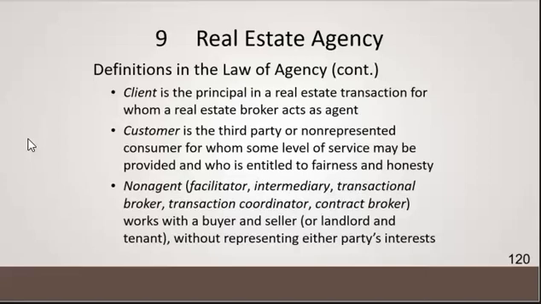All right? So think of a transactional agent or a non-agent as having 2 customers. Most of your deals, you got a client on one side, customer on the other. In a transactional, you have 2 customers. Neither one of them do I represent.